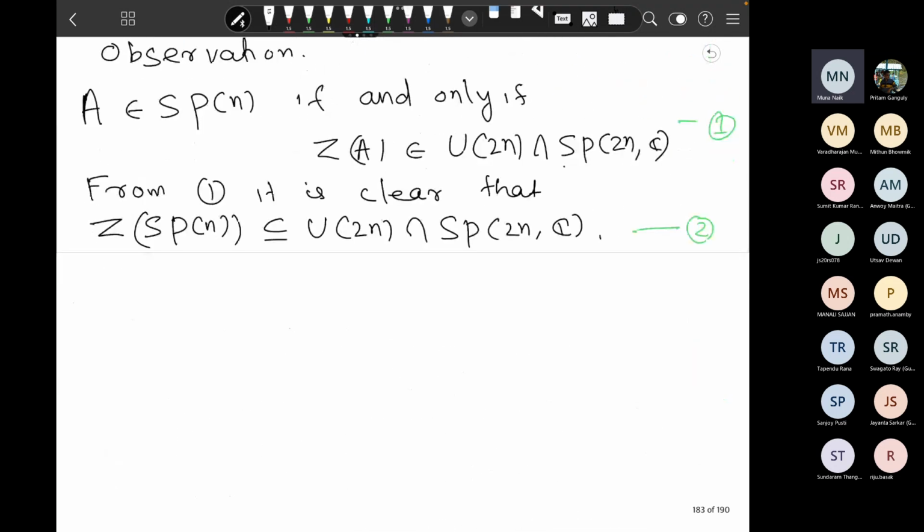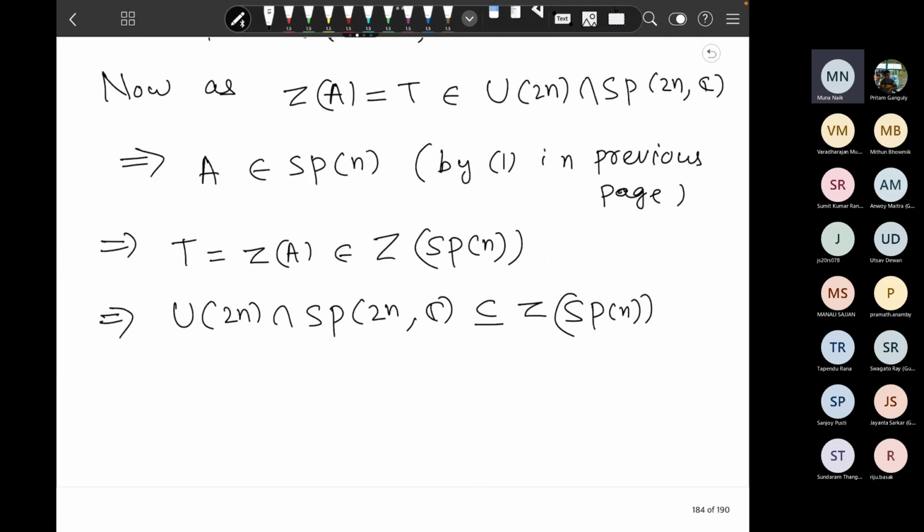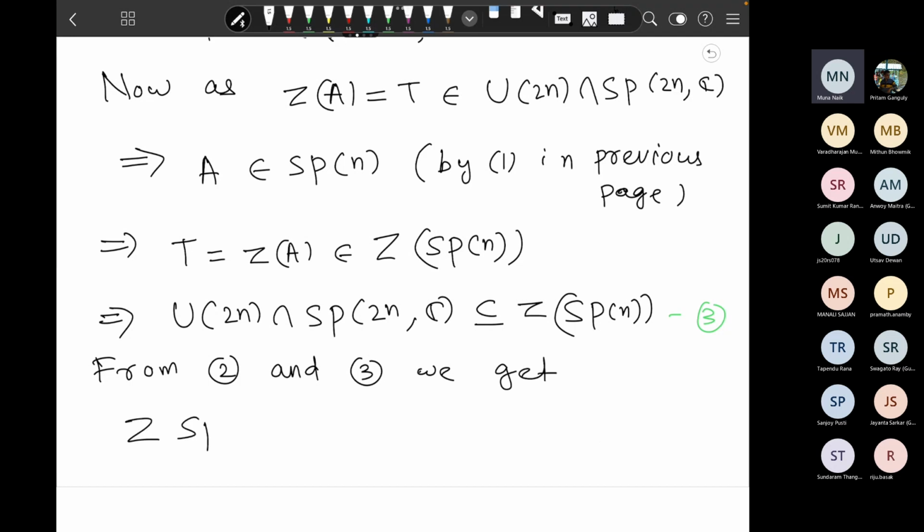And we have also proved the converse, and I call this 3. So from 2 and 3 we get Z(Sp(n)) is equal to U(n) intersection Sp(2n,C).